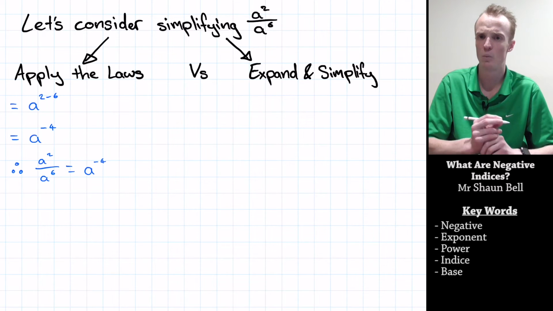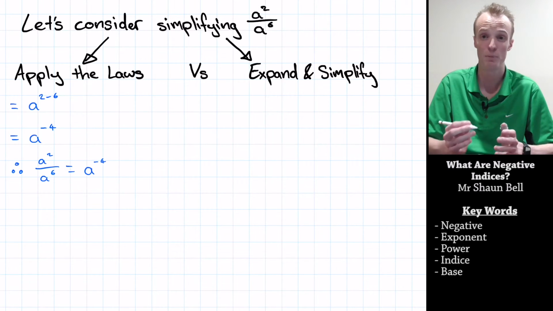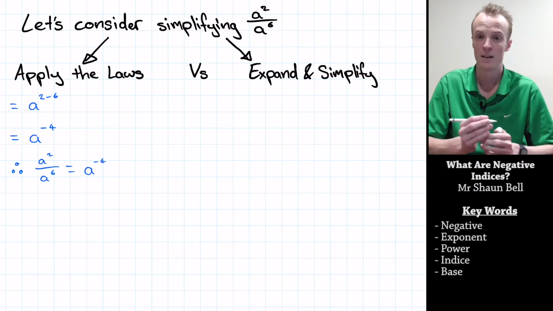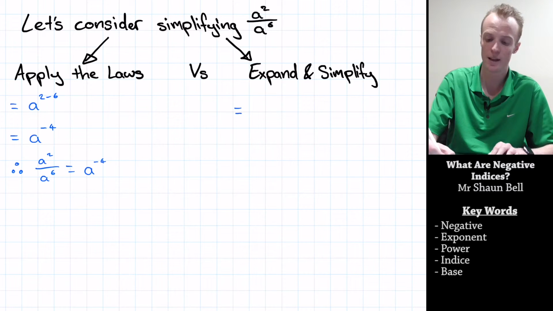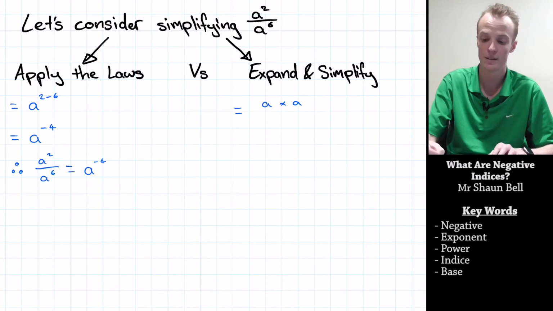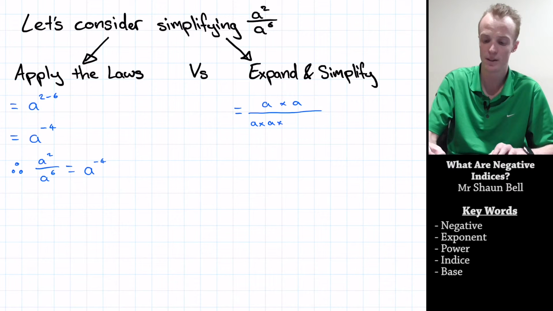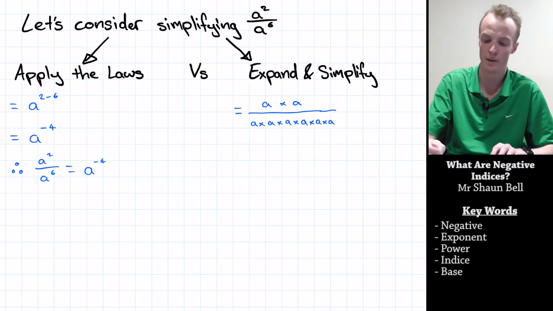But let's take a look at what happens if we take the same problem but expand it and then simplify it. Now a squared is the same as saying a times itself twice. A to the sixth power is the same as saying a times itself 6 times. So now let's look to simplify this.